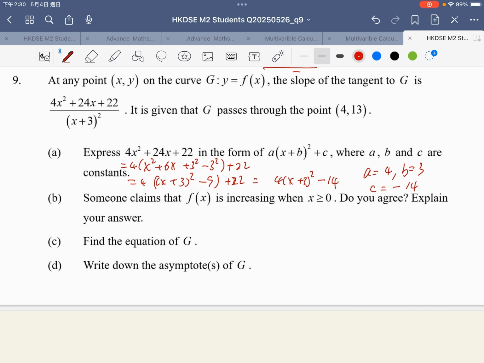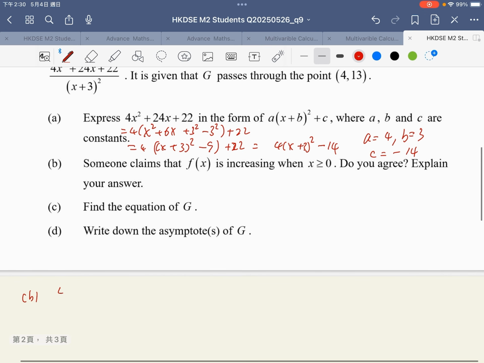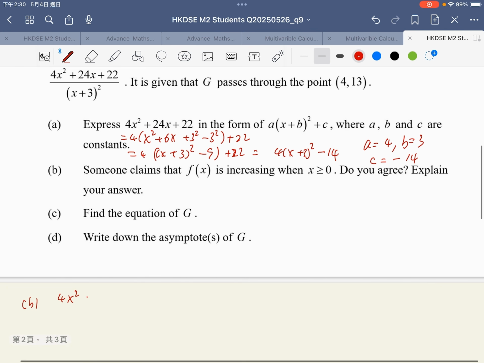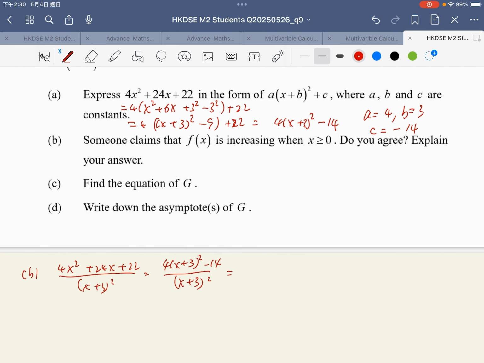Okay, so f(x) is increasing for x greater than 0. Let's do it in this part. First, I write down the question and change the denominator to the format in part B, and separate it into two parts.